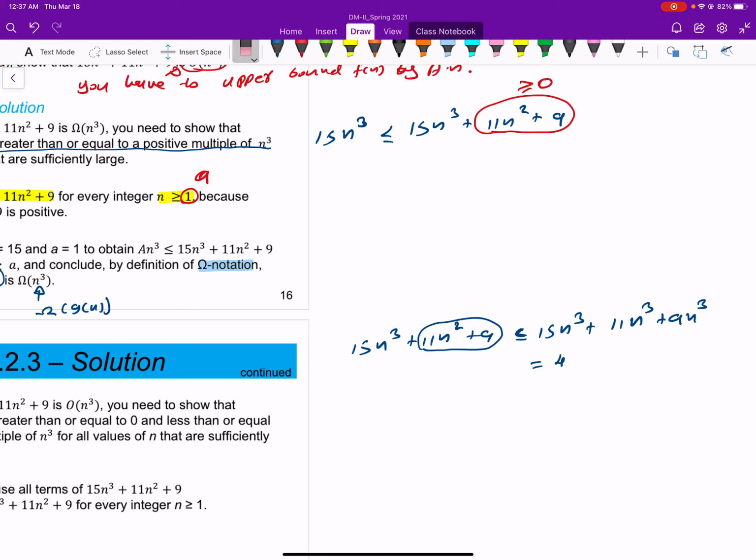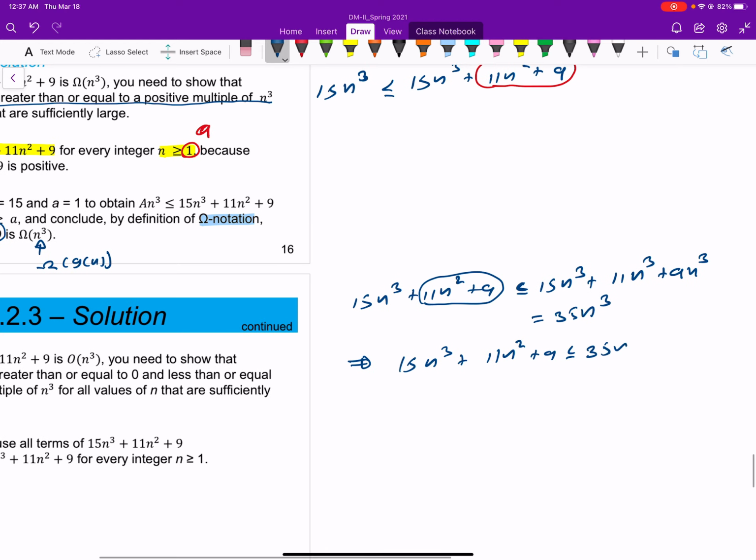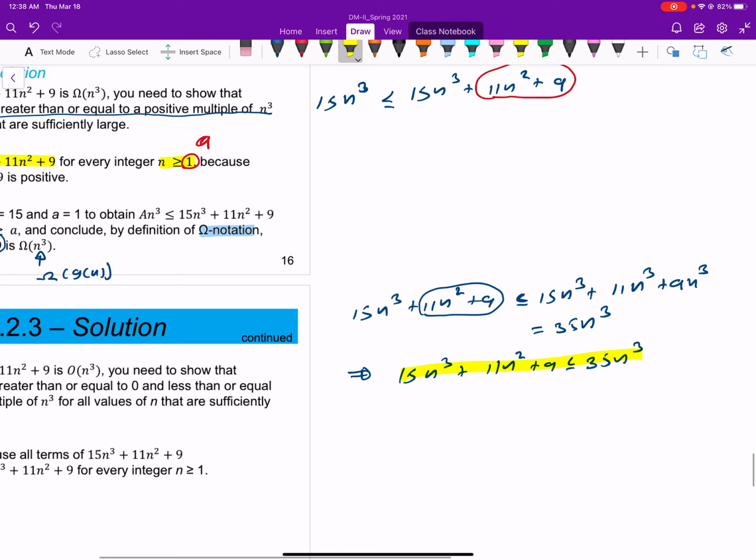Yes, it is 35, 35 n to the power 3. So this is a good upper bound. Let me write it again. 15 n to the power 3 plus 11 n square plus 9 is bounded above by 35 n to the power 3. So you could use that relationship to make the upper bound.